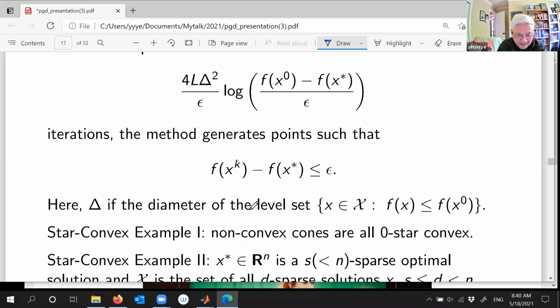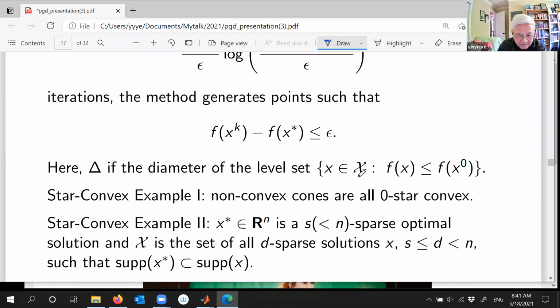So basically, the diameter is the biggest Euclidean distance between 2 points in the set. Now you may ask, is there any application for this case called star convex? Well, star convex sets appear in many things.